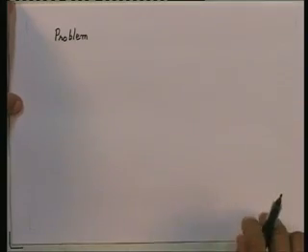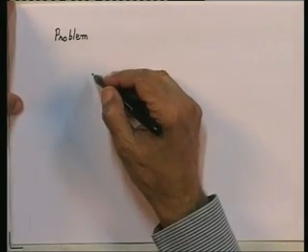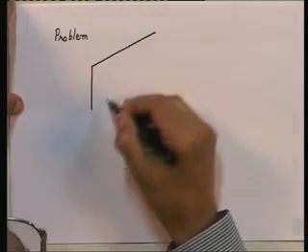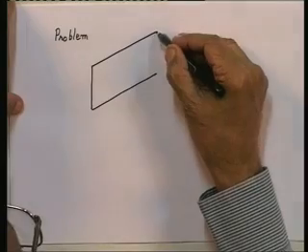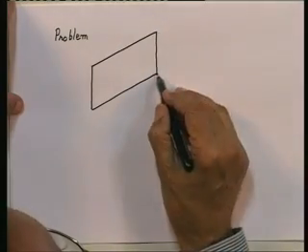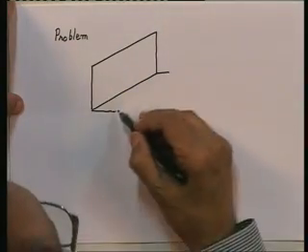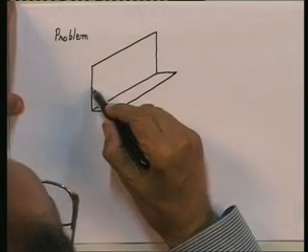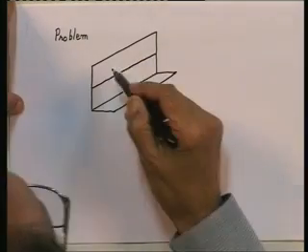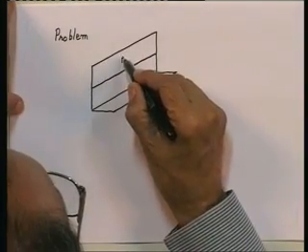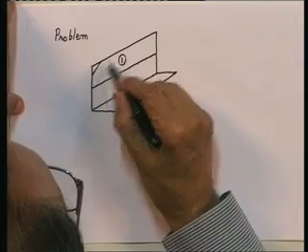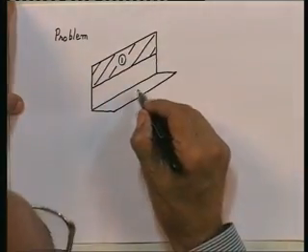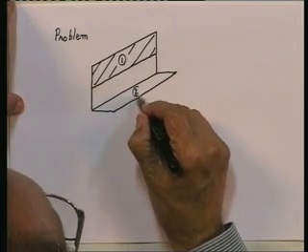Problem is the following. We have two rectangles like these. This is one rectangle, surface 1, and this is the second rectangle, surface 2.